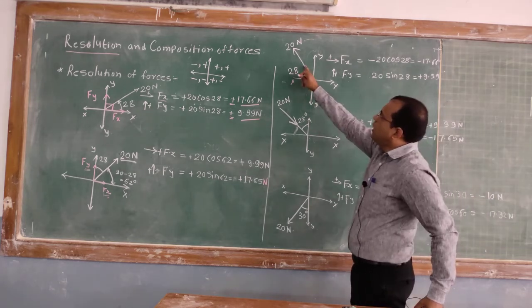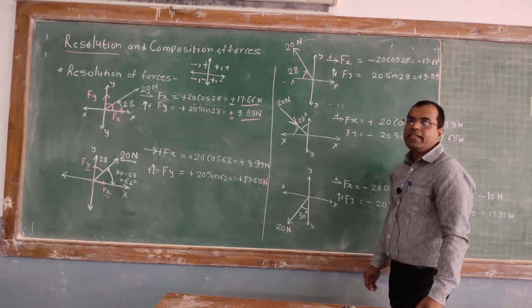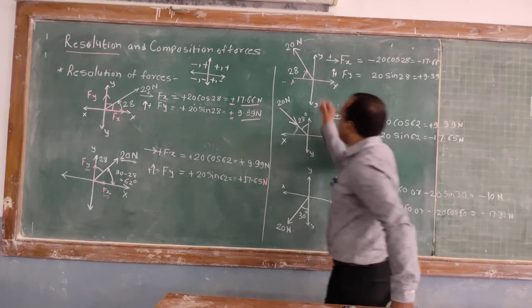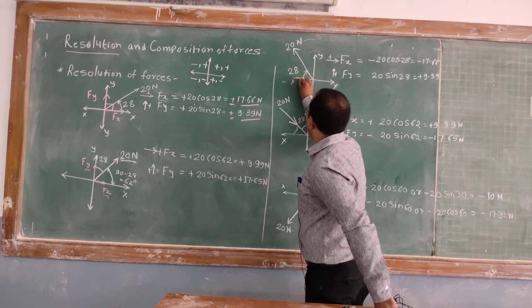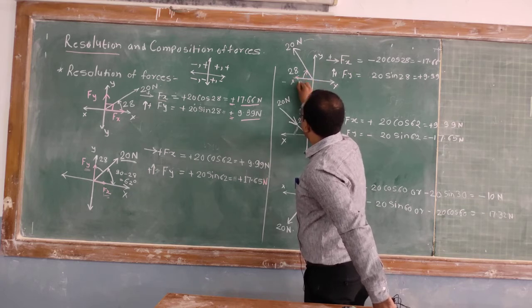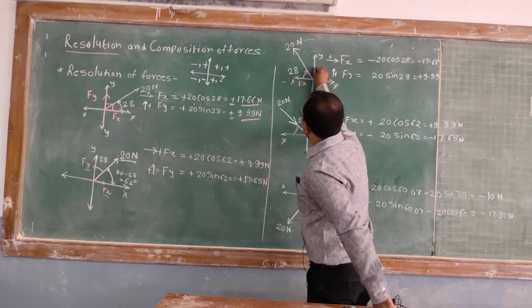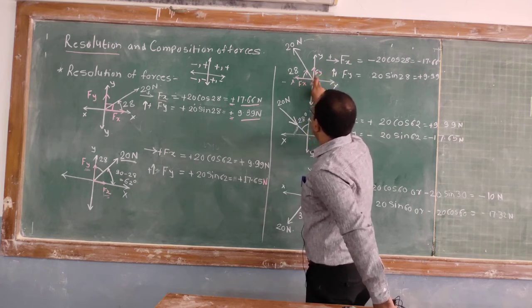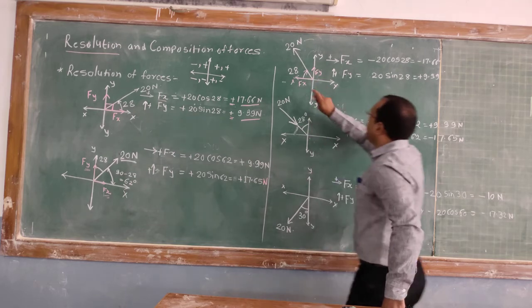Now in which quadrant is this force? Yes, it is in the second quadrant. In the second quadrant, this is your x component, f of x, and this is your y component, f of y. That is force in the x direction, force in the y direction.